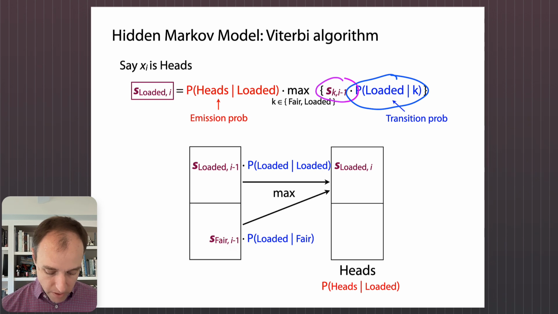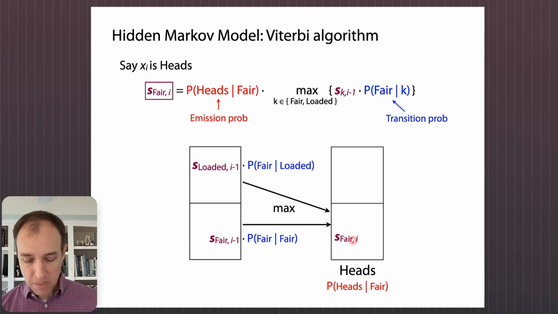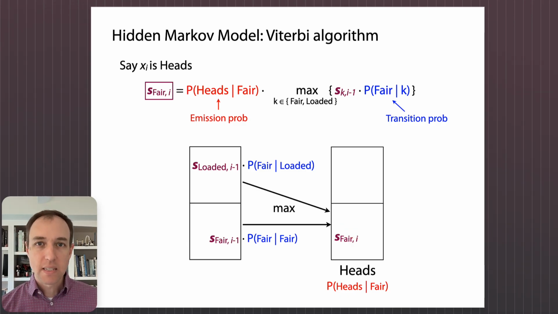Or we were fair in the previous step, and so we have to multiply in loaded given fair. So this is what it would look like if we were filling in an element in the loaded row. If we were filling in an element in the fair row, it would look like this. The main point being we have this maximum, which is the maximum over all possible states we could have been in the previous step.